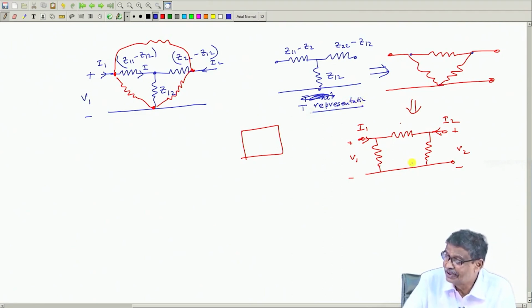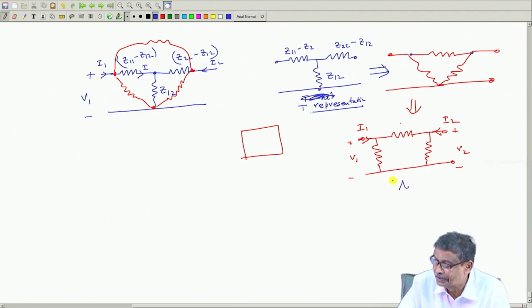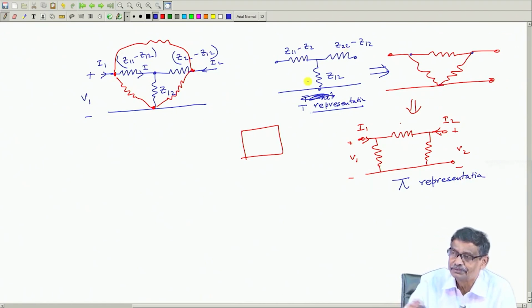Or you can say it is a pi representation. Do I know the values of these impedances? Yes, I know, because I know these values, and vice versa.